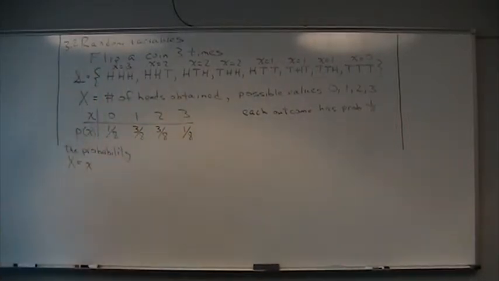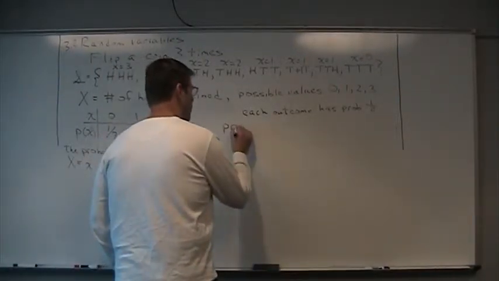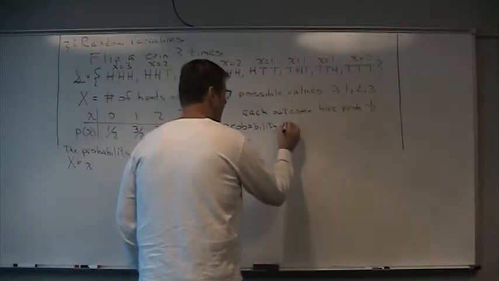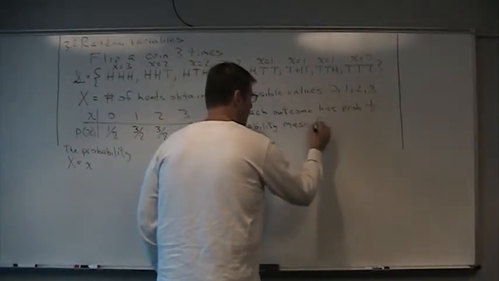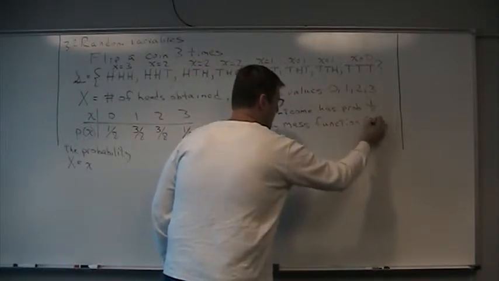There's only one way that can happen, and so that's got probability 1/8. The table that we've got here summarizes what's called the probability mass function, or PMF.